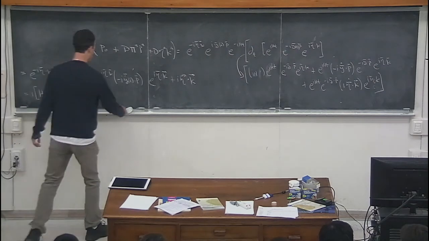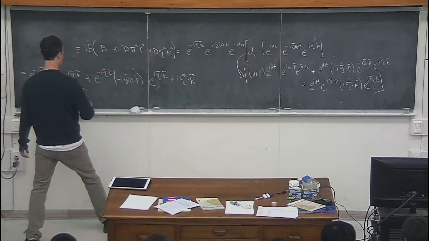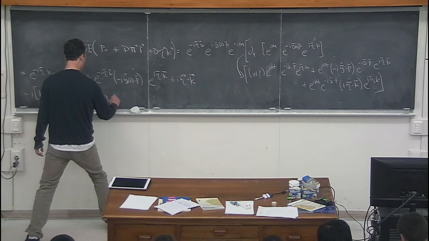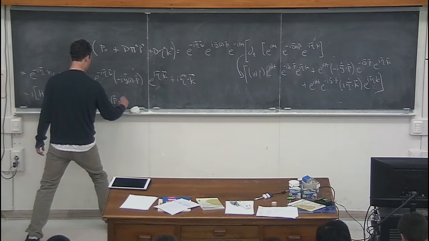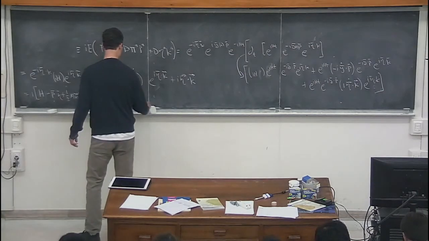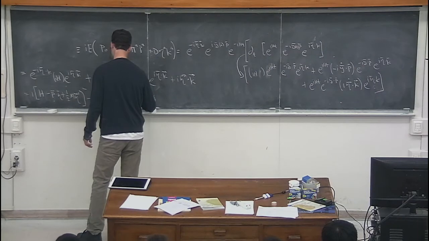Okay, and now here, this P, also we know how it changes by boost. This becomes minus I y dot of t dotted into p minus eta. And this just becomes plus I eta dot k.